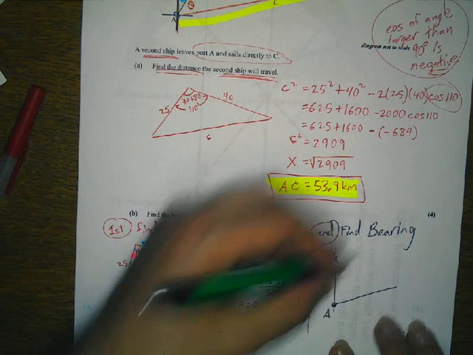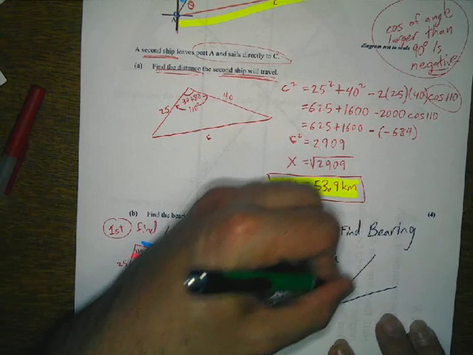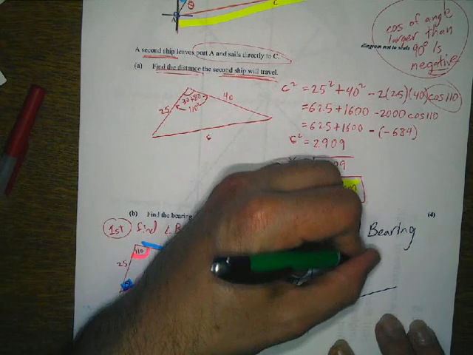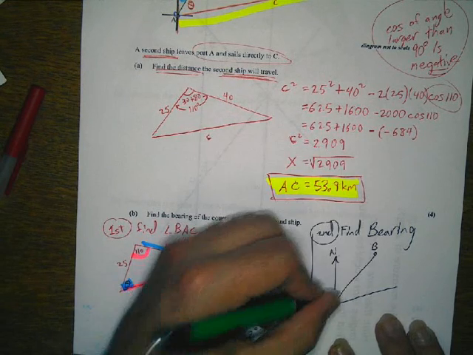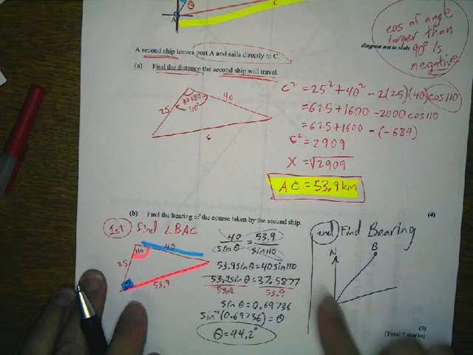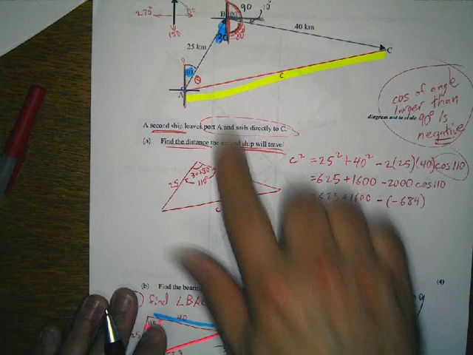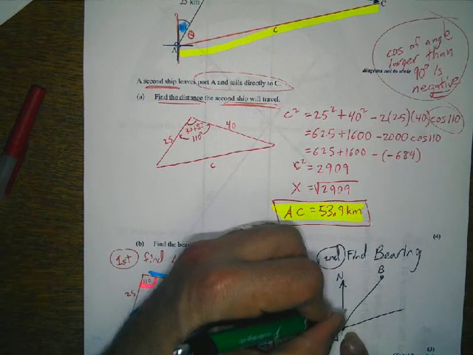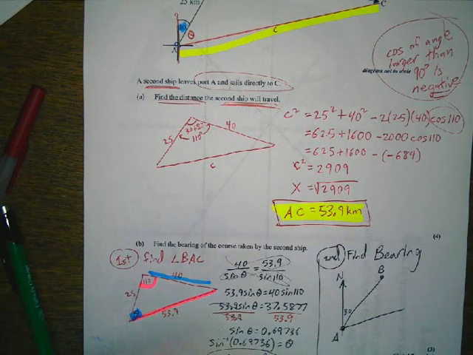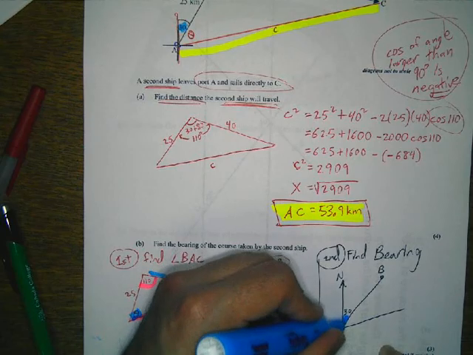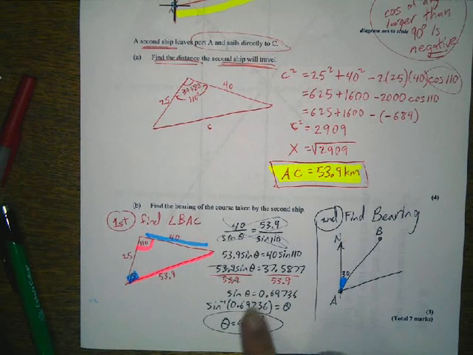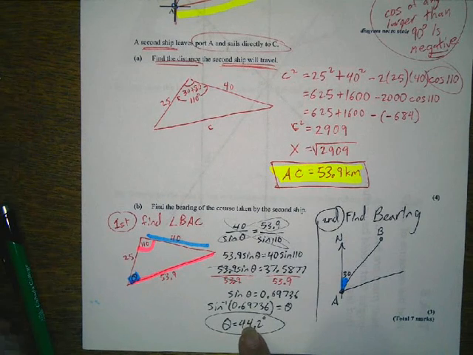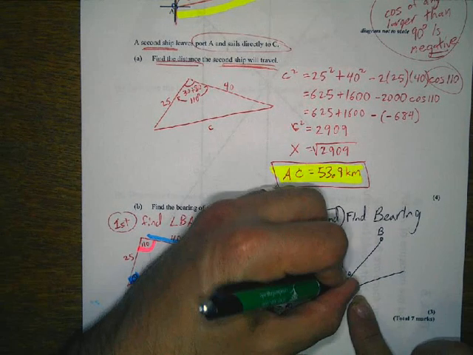So when we went to point B, they told you that this angle here went at a bearing of 30 degrees. So this angle right here is 30 degrees. Okay. Now we just calculated this angle next to it is 44.2. So now this is 44.2.